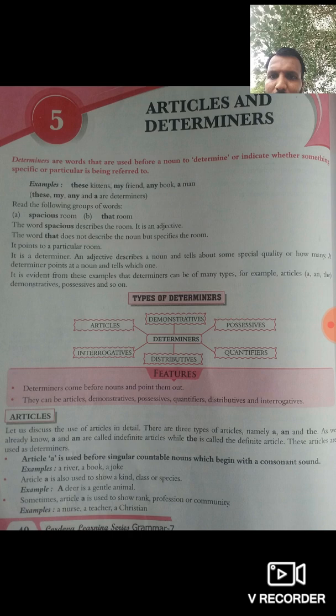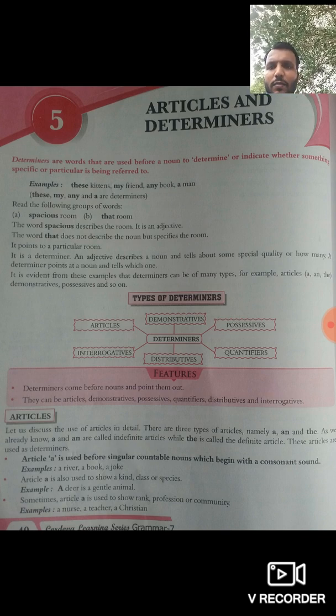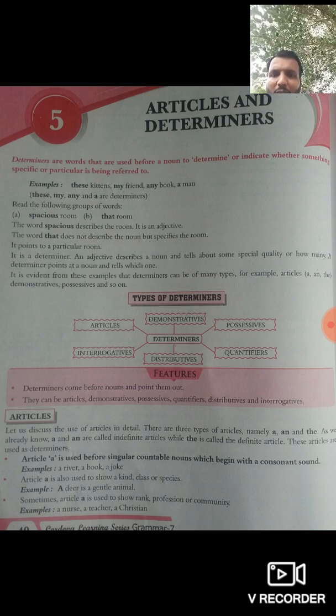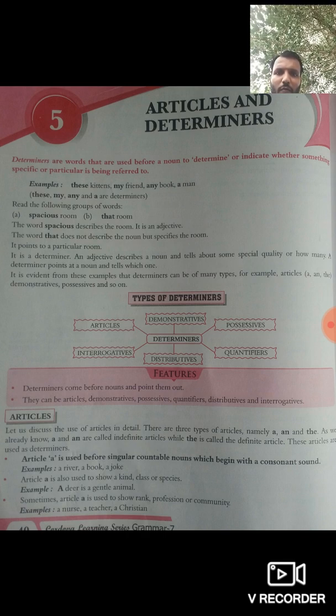It is evident from these examples that determiners can be of many types. For example, articles a and the, demonstrative, possessive, and so on. So types of determiners: articles, demonstrative, possessives, interrogatives, distributives, quantifiers.